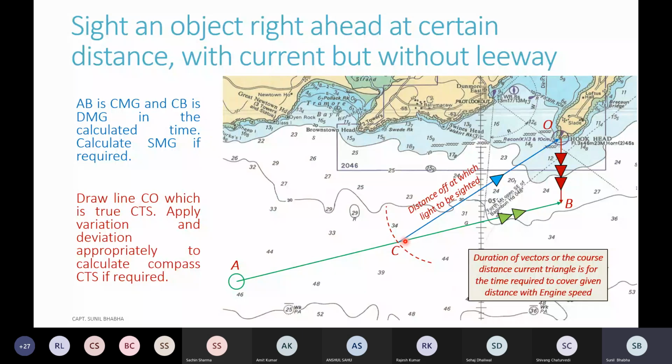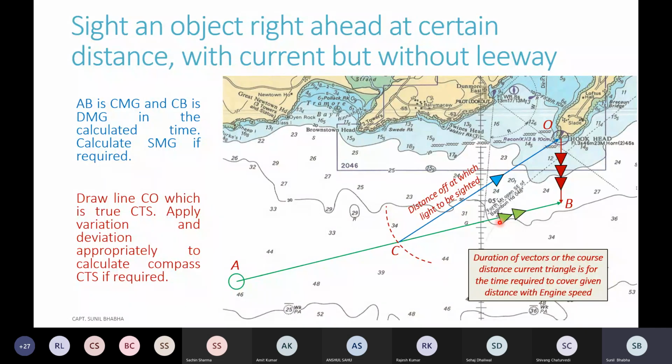Before you reach point Charlie, somewhere between Alpha and Charlie, the Hook Head lighthouse will be on your starboard bow. At point C, it will be exactly right ahead. And when you cross point C and are somewhere between Charlie and Bravo, you will see the lighthouse crossing over to the port bow.